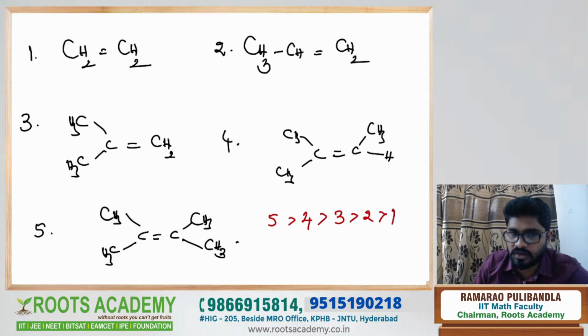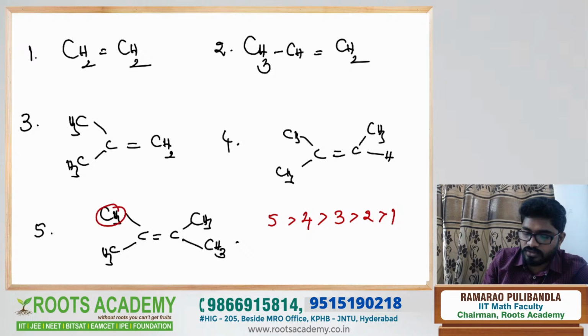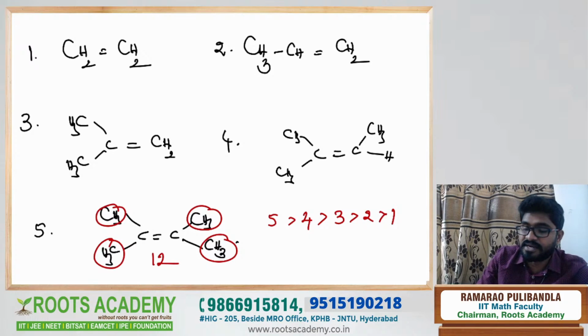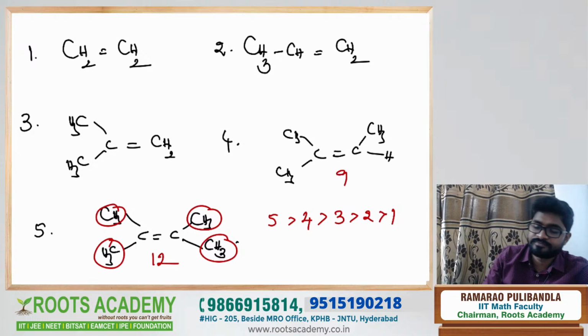Very good, Manjari. 12 are possible. See there, how many alpha are present? 3, 6, 9, 12. For the 5th one, 12. For the 4th one, 9. For the 3rd one, 6. For the 2nd one, 3.